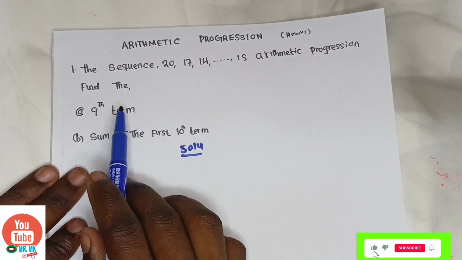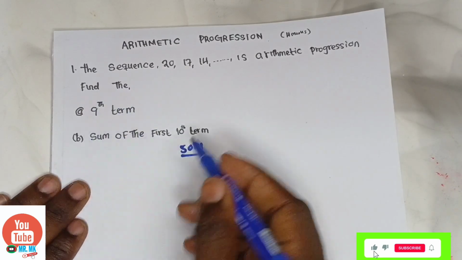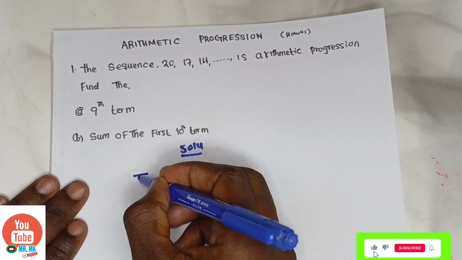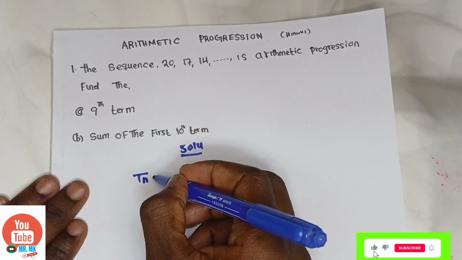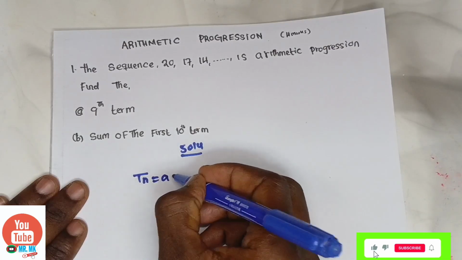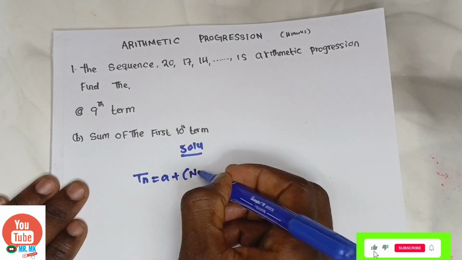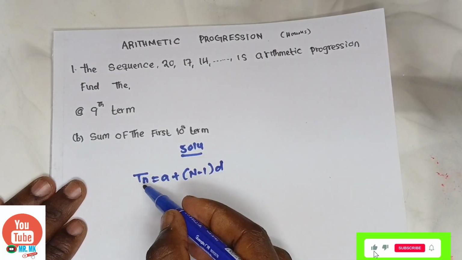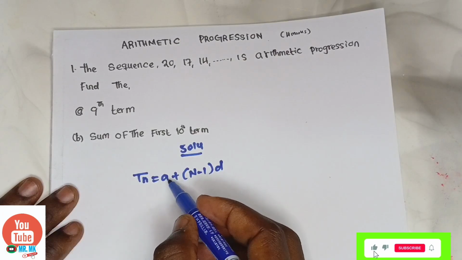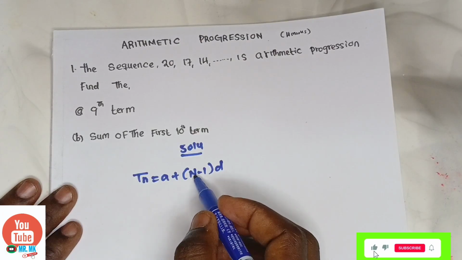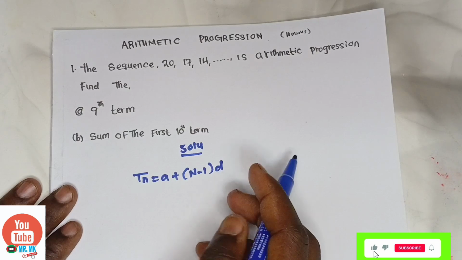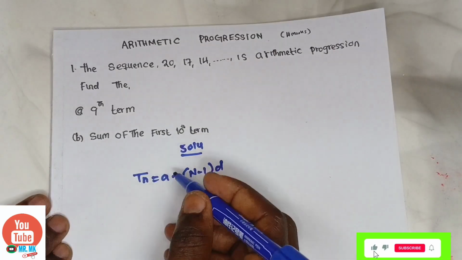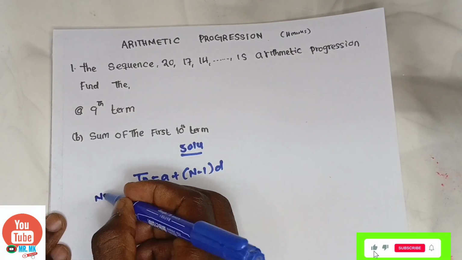To get the 9th term, you need to use this formula: Tn is equal to a plus, open bracket, n minus 1, close bracket, d, where n is the number of terms, a is the first term, and d is the common difference.